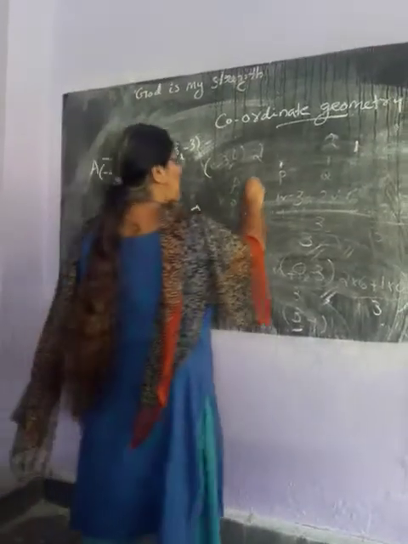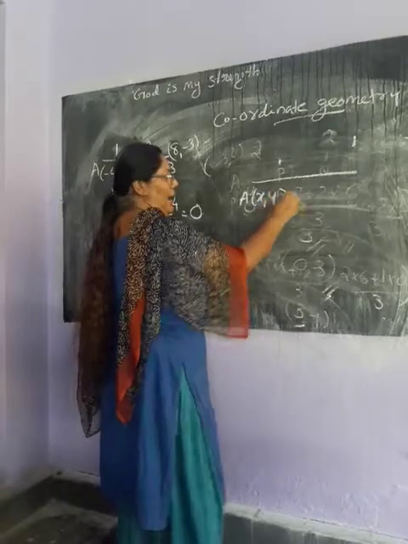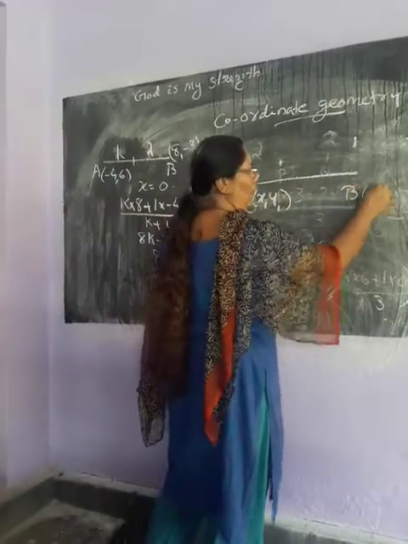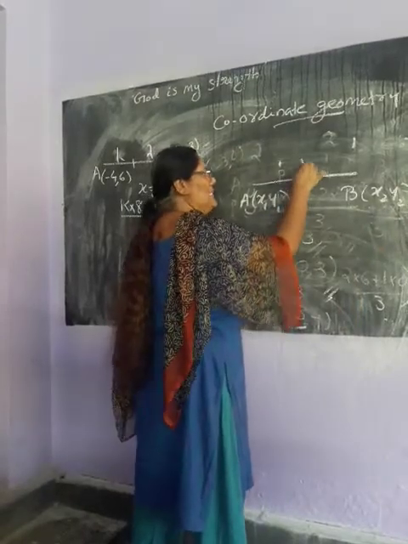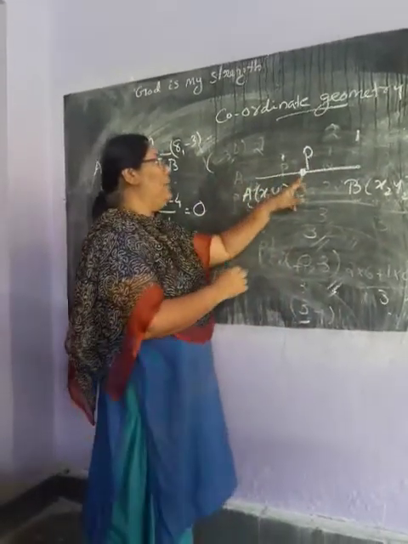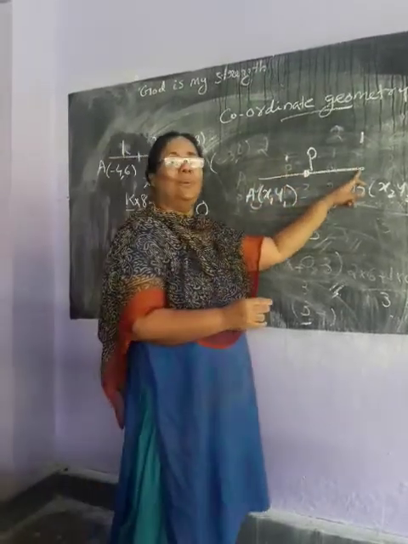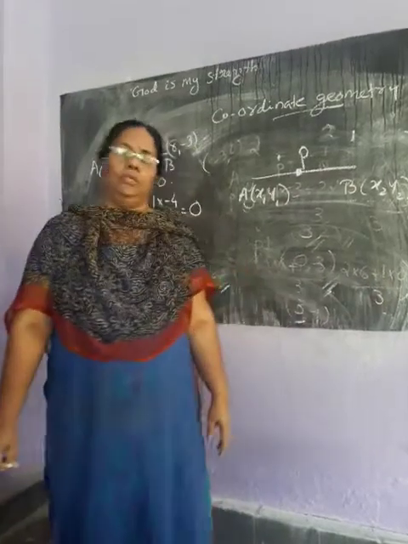P lies at the midpoint. Let A, x1, y1 and B, x2, y2 be any 2 points, and P is the midpoint. That means if AP equals 1, BP is also 1. If AP equals 2, BP is also 2.